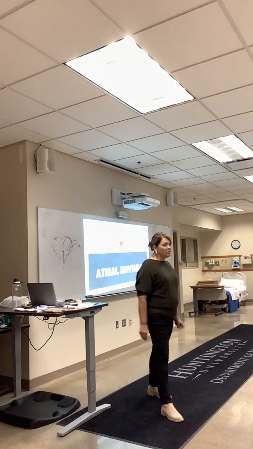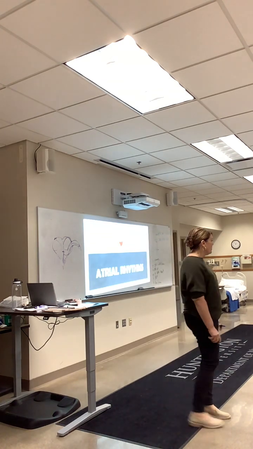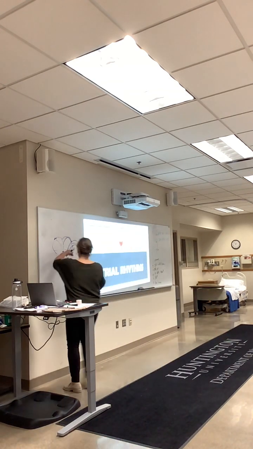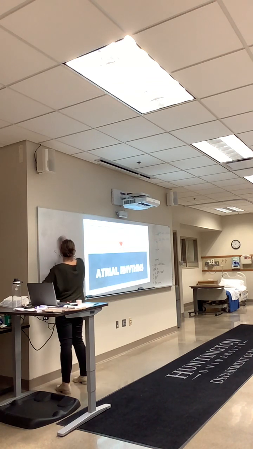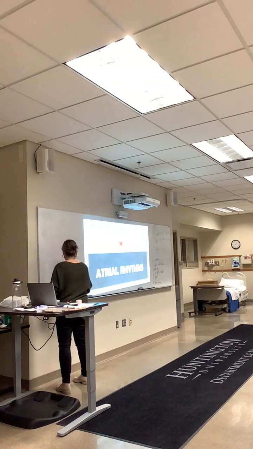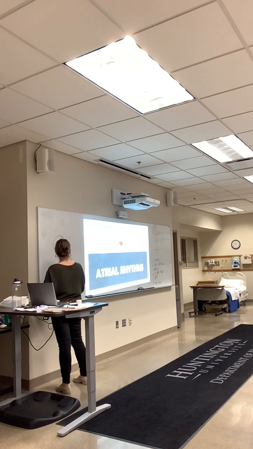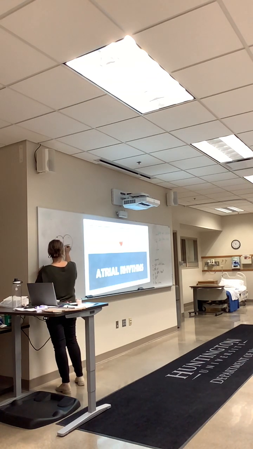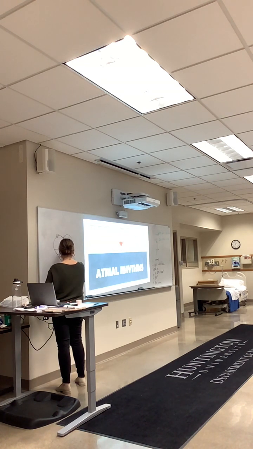Now, we're going to talk about rhythms that come from somewhere: SA node, AV node, the bundle, and then my right and left bundle branches.